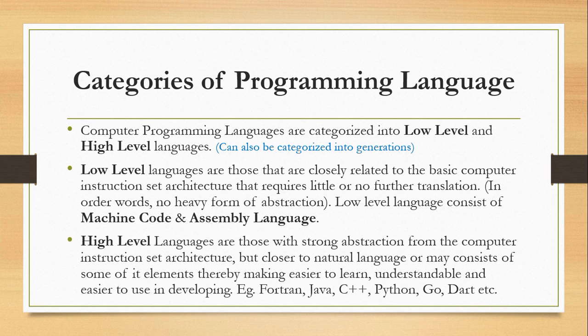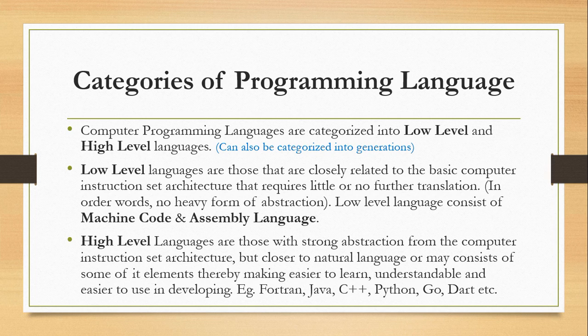Then high level languages are those with strong abstraction from the computer instruction code. The low level languages are close to the machine architecture, while the high level languages are not really close to the machine architecture, because when they are created, they look more like a natural language.